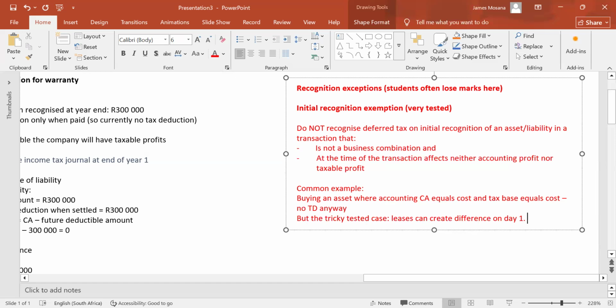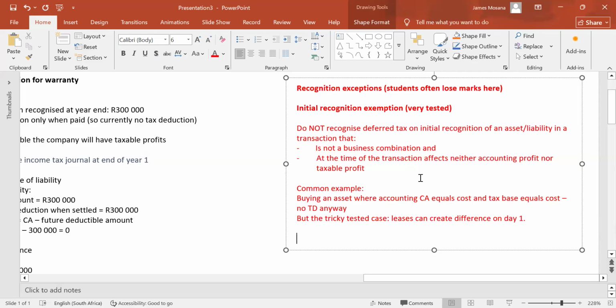So do not let this confuse you a lot. The most important thing is that where you are buying an asset where the carrying amount equals the cost and the tax base equals the cost, there won't be any temporary differences.